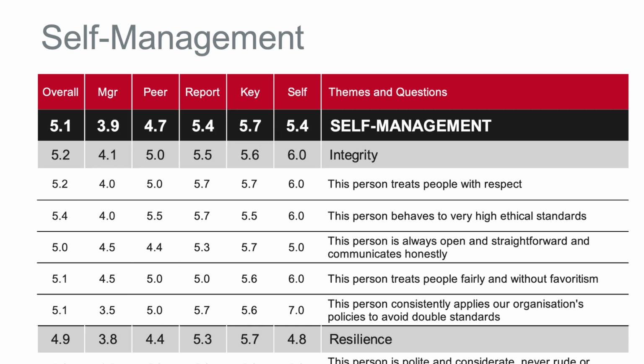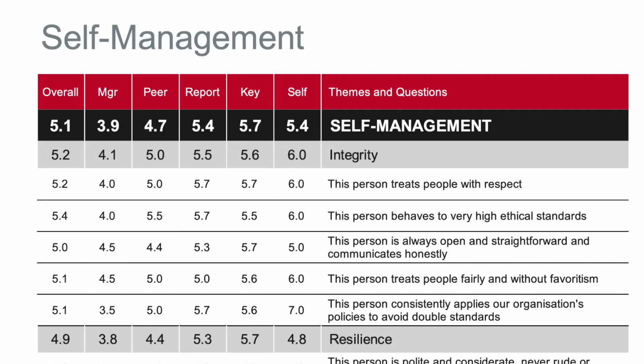His own rating on self-management is 5.4. So when we look at how we've broken up the results by the different classifications, straight away we see a big difference between the way other people see him and the way he sees himself.